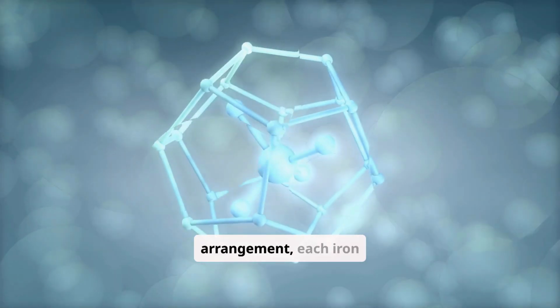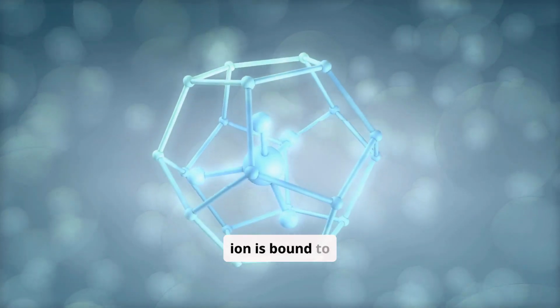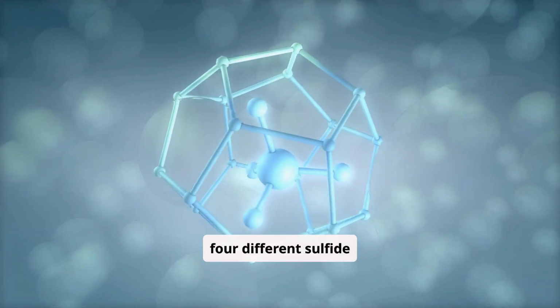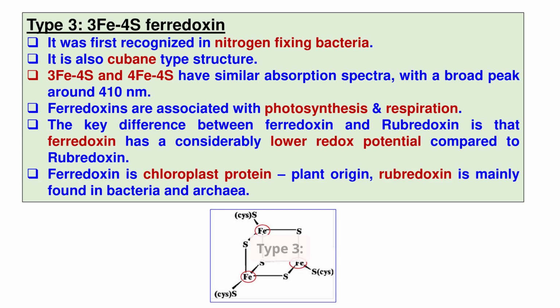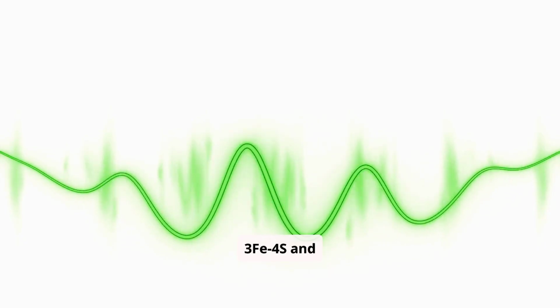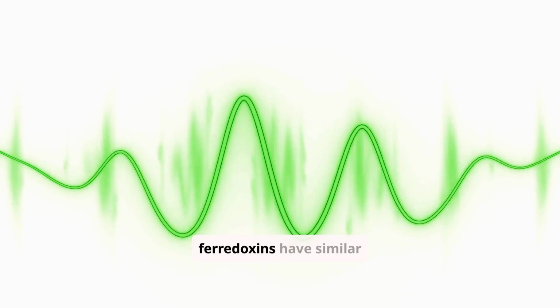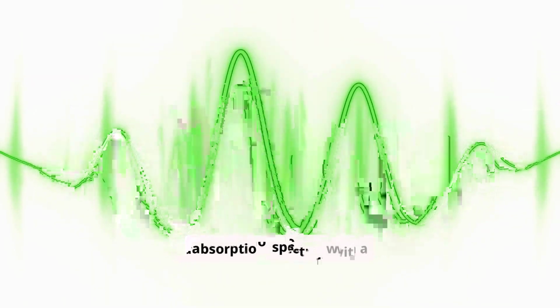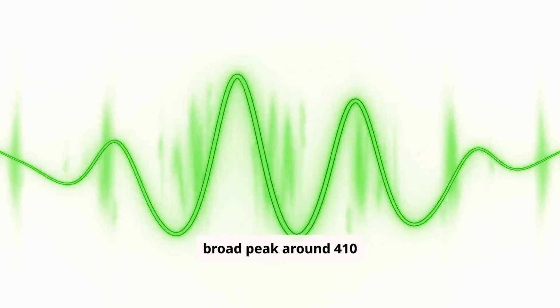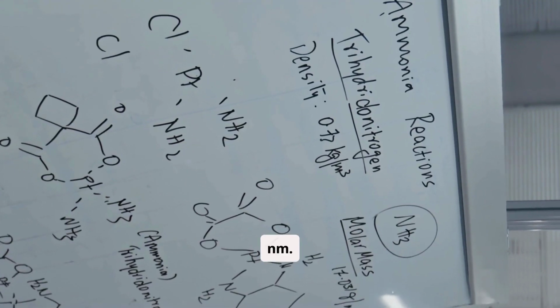In this arrangement, each iron ion is bound to 4 different sulfide ions, S. Type 3, 3Fe4S ferredoxin was first identified in nitrogen-fixing bacteria and also features a cubane-type structure. Interestingly, 3Fe4S and 4Fe4S ferredoxins have similar absorption spectra with a broad peak around 410 nanometers.